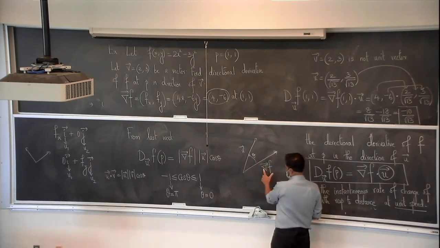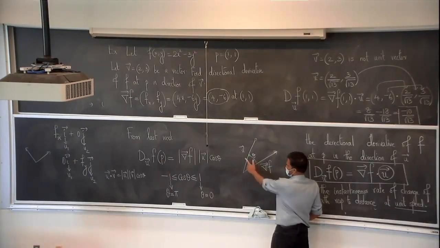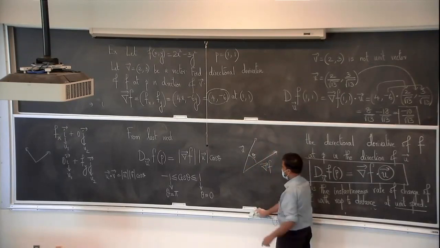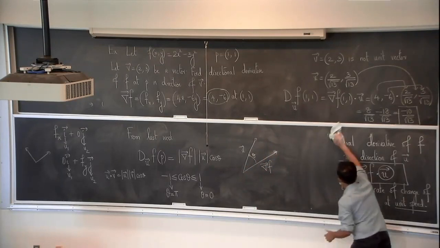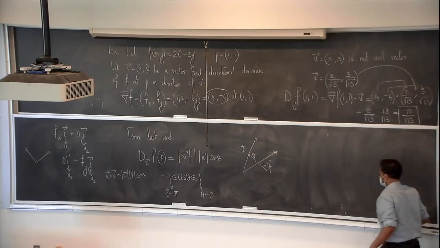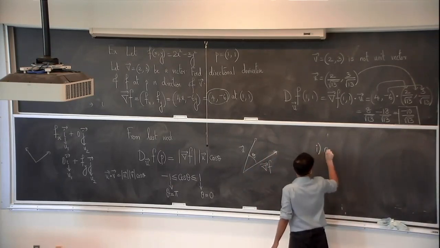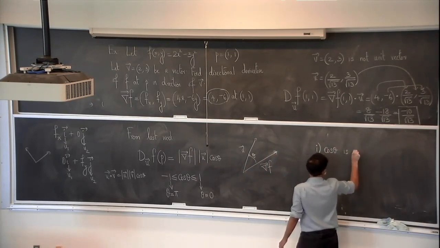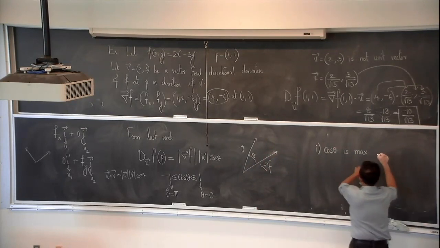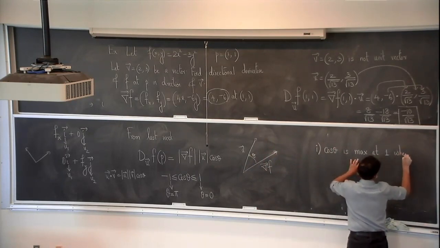Theta is the angle between your direction and your gradient vector. This is the direction in which you're trying to move, and this is the gradient vector. So point 1: cosine of theta is maximum, there is no higher value for cosine theta above this, at 1, when theta is equal to 0.